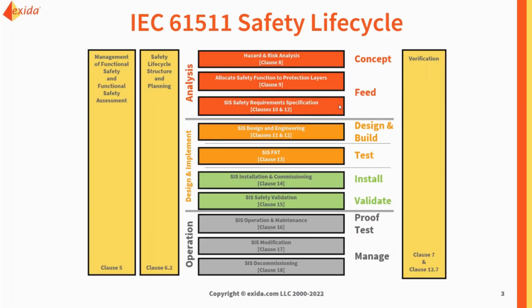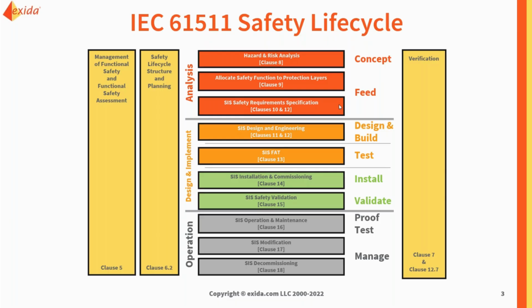Now, if we look at the 61511 life cycle, we know that there are 3 phases. There's an analysis phase where we do all the risk analysis and determine whether we need additional protection, and if we do, whether that protection will require safety instrumented systems with safety instrumented functions and given SIL levels for the risk reduction.